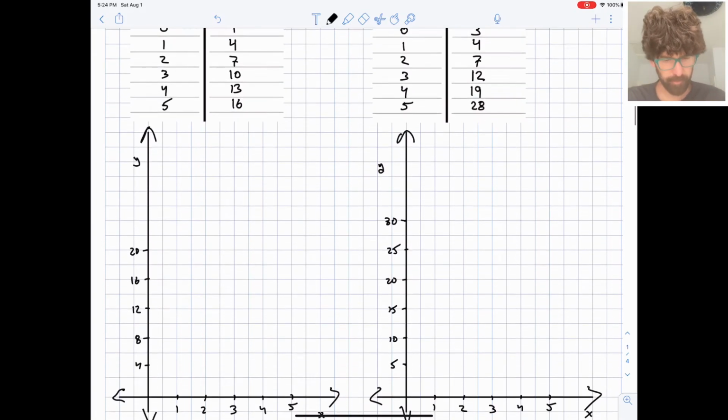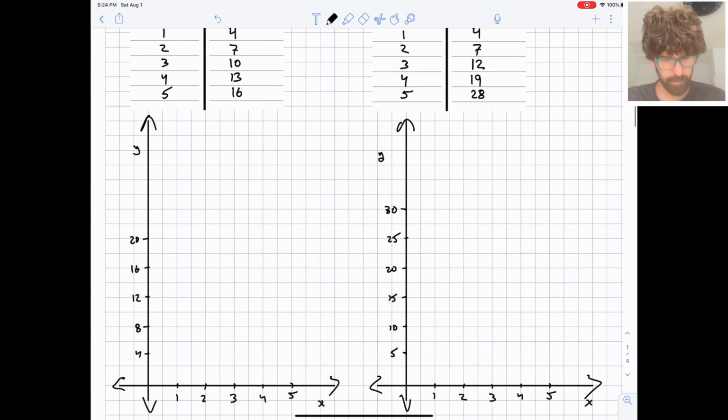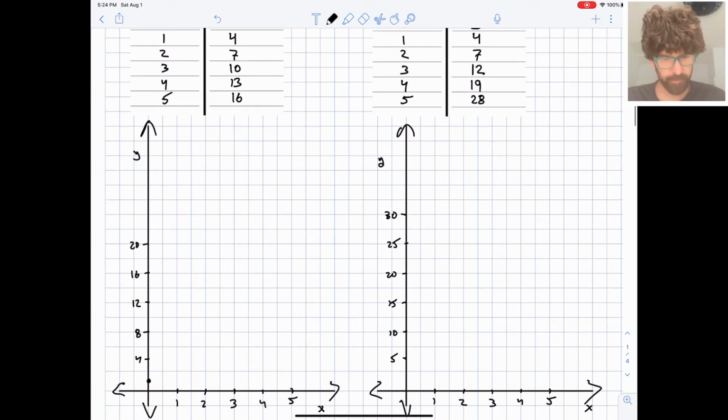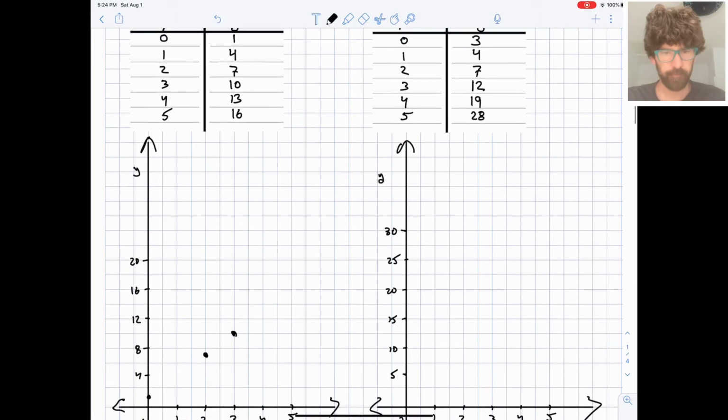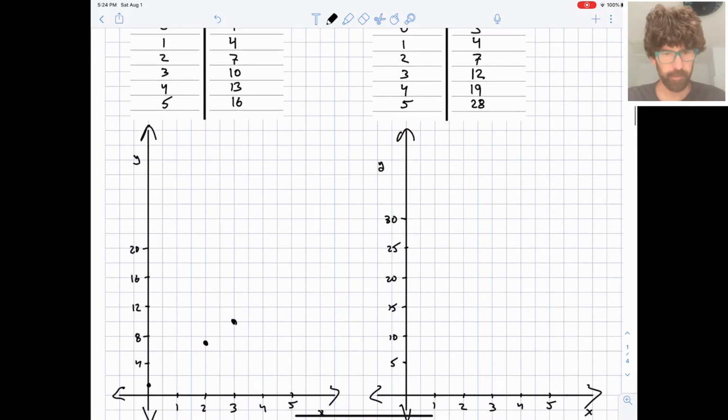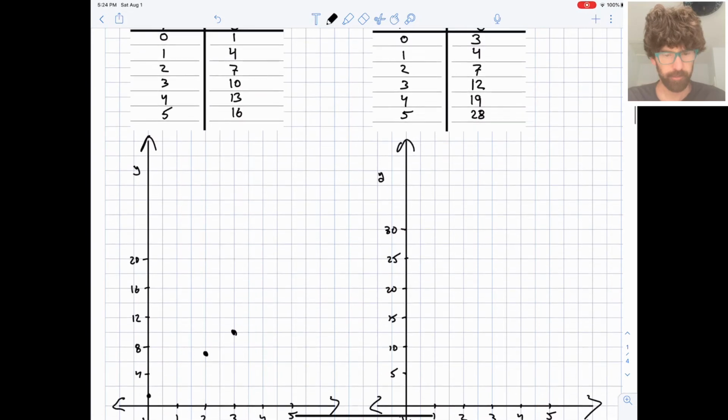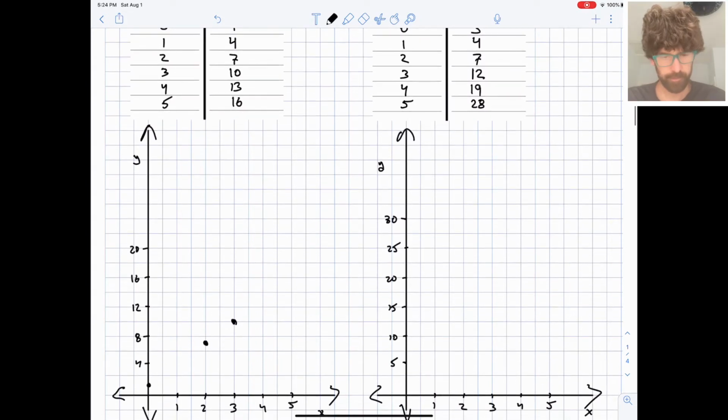Over 0 up 1, over 2 up 7, over 3 up 10, over 4 up 13.